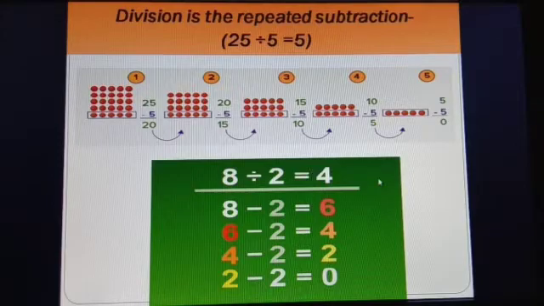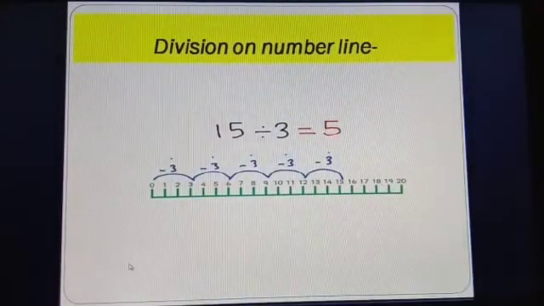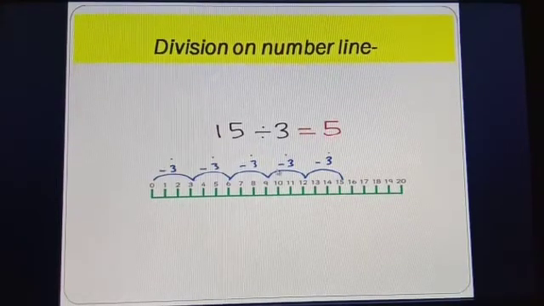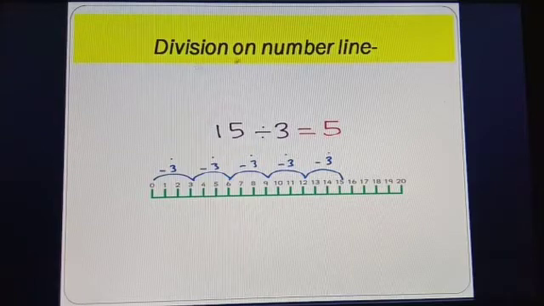Okay. Now, division on the number line. How can we show division on the number line? The question is 15 divided by 3 is equal to 5. First we will draw the number line. Then see where 15 is. Start from 15. We have to follow the same process, that division is repeated subtraction. So subtract 3 from 15, 12 will come.